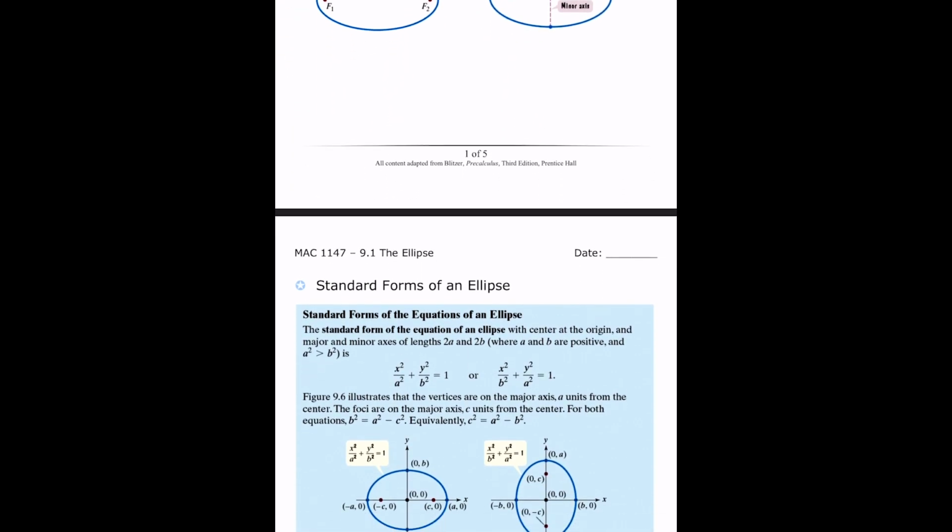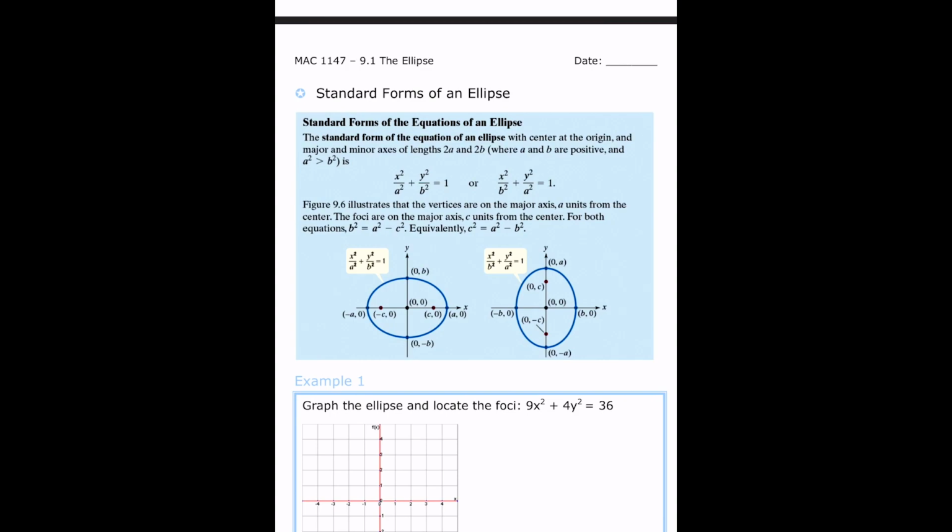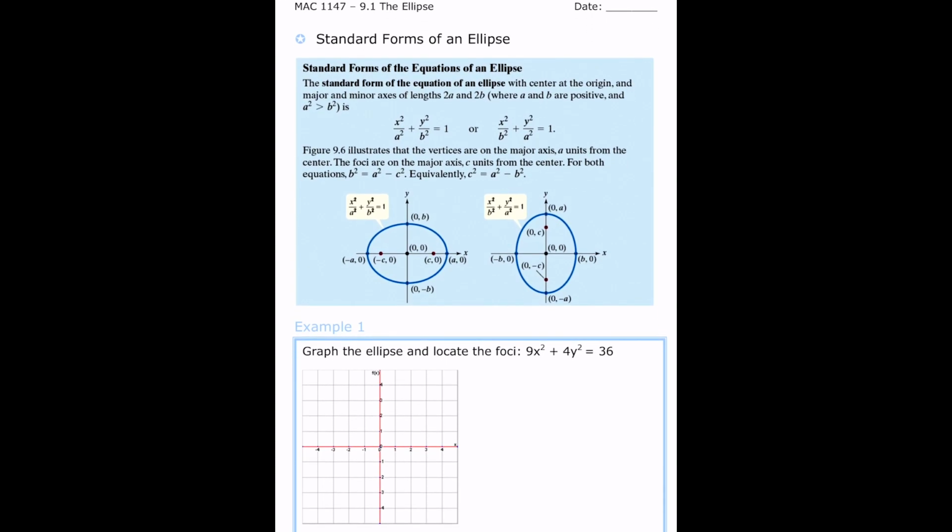Let's go down here and check out the standard form of an ellipse. The equation for an ellipse is going to look like one of these two equations, and the primary difference between these two equations is which of the denominators is larger or smaller.